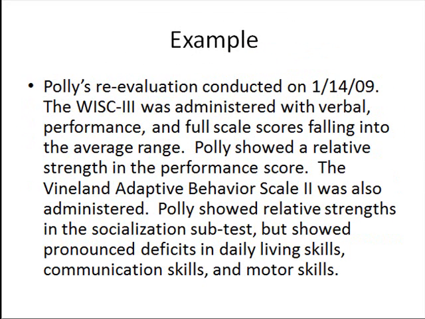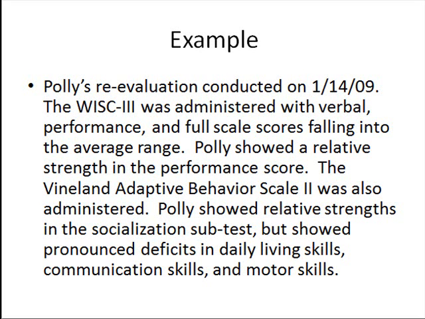Okay, so her reevaluation was conducted on that date. She was given the WISC-3, which is an IQ test, and you can see verbal, performance, and full scale scores falling into the average range. So we're not given scores, we're just given the average. She showed a relative strength in performance. Okay, and then we have the Vineland Adaptive Behavior Scale.